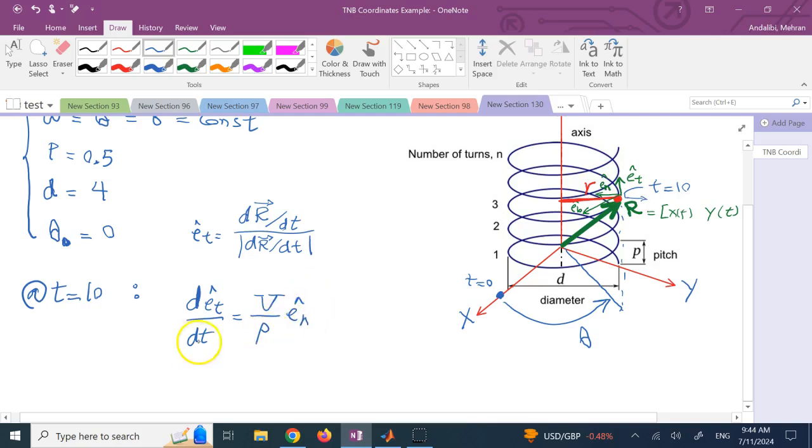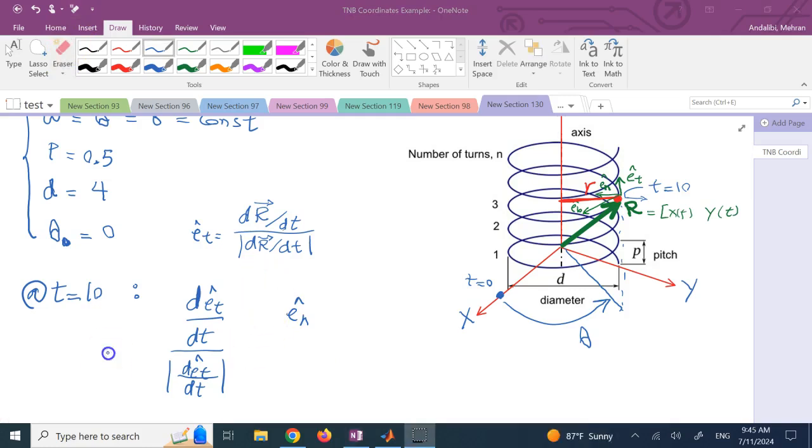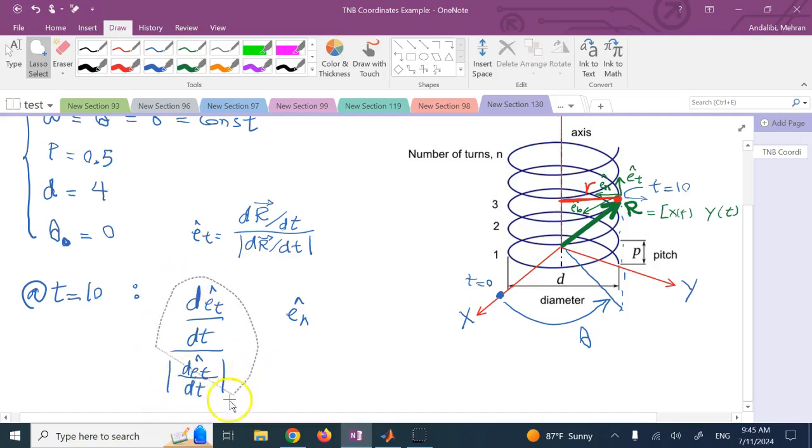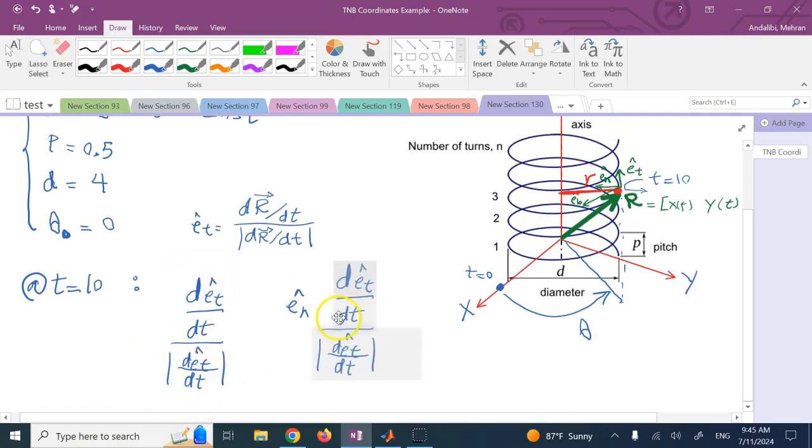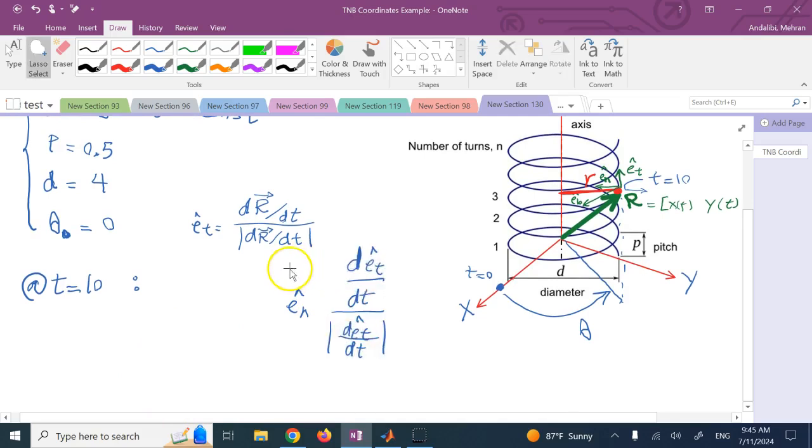So clearly, if I divide this vector by its magnitude, which is basically this v over rho, I should get en. So en is the unit vector for the time derivative of the et vector. That is your en vector.